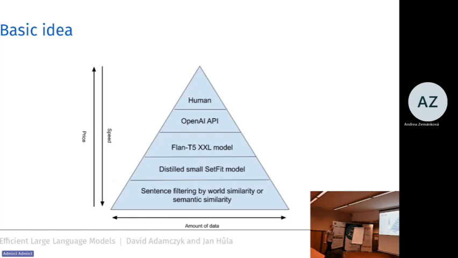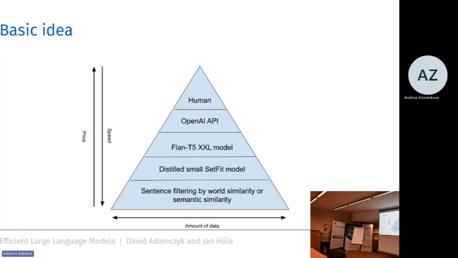So now I would like to show you the basic idea of our pipeline. You can see on the top is the human work, and on the bottom is the cheapest solution for the filtering of the data. It is very expensive to use human work for labeling all of the data, and it is also very slow. So we would like to use the cheapest possible solution to filter the necessary sentences, and we would like to process this for a large amount of the data.